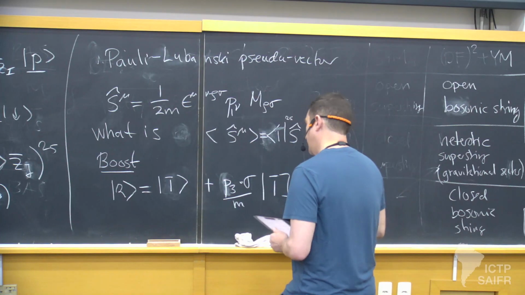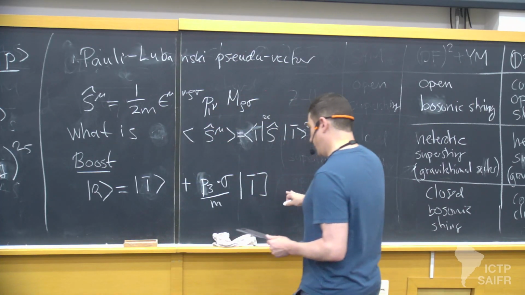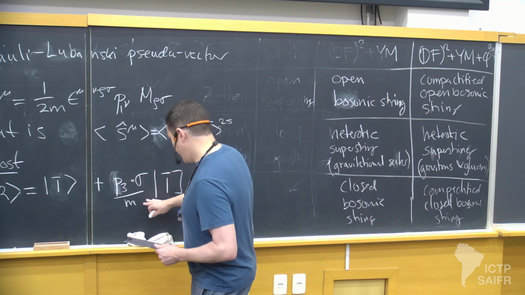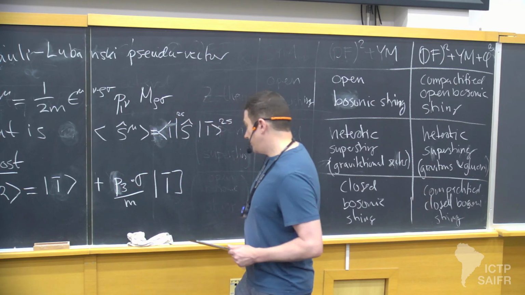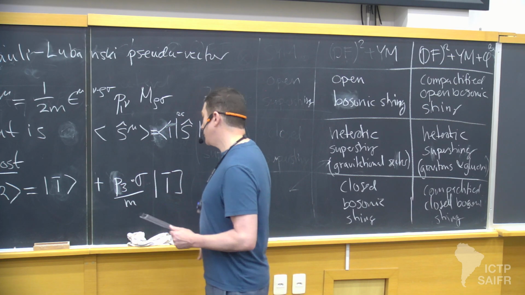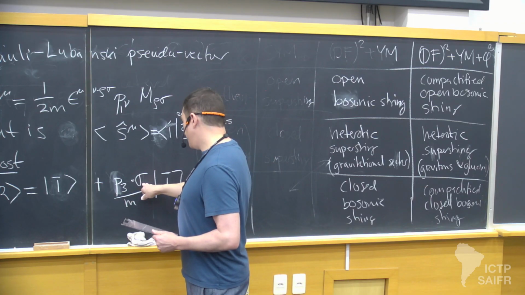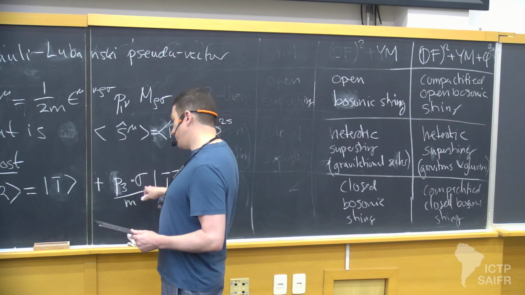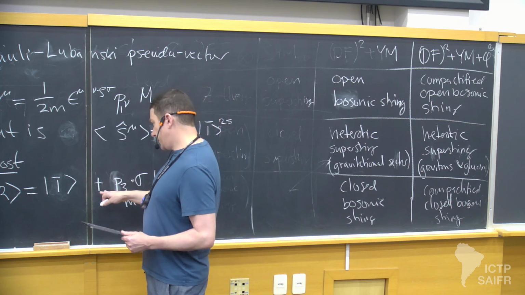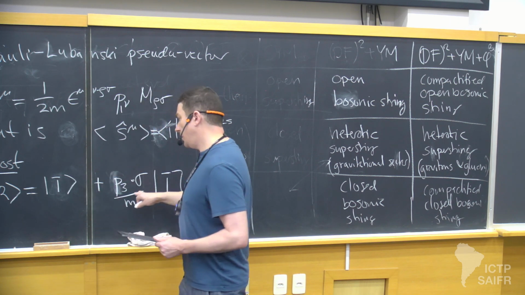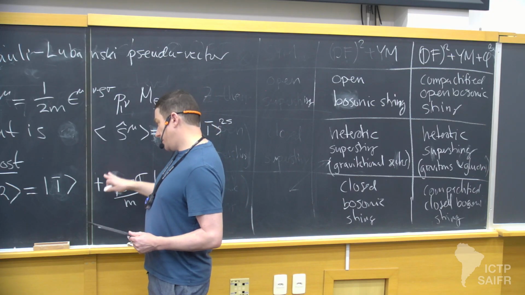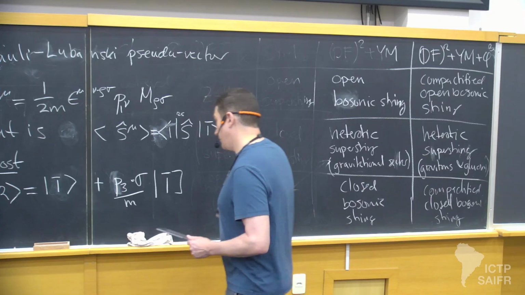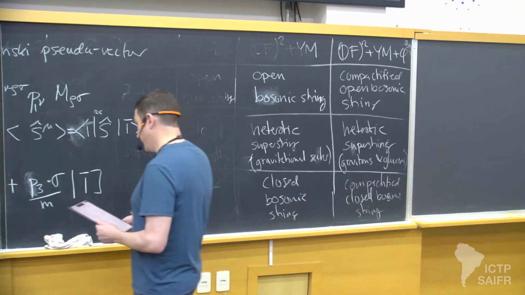Okay, so it doesn't look like a boost because it's linear. It's obviously linear in the boost parameter. This is just the Pauli matrix dotted into momentum 3. This Pauli matrix acts on the spinor. So it doesn't look like a boost, but the reason is that the kinematics and the spin are so simple that the exponentiated boost operator just becomes a linear transformation, essentially.